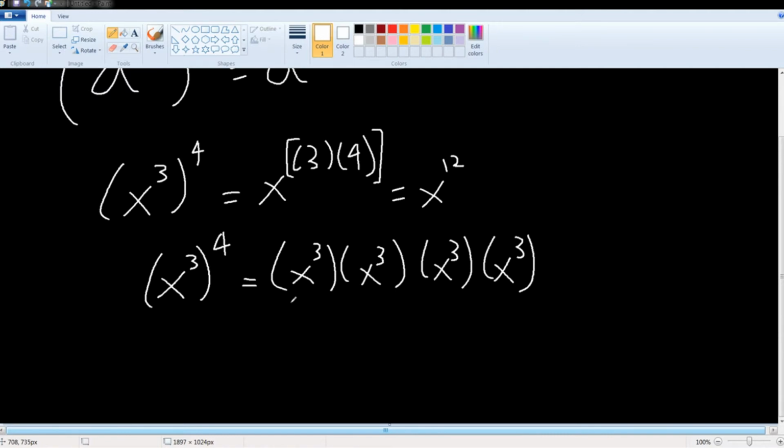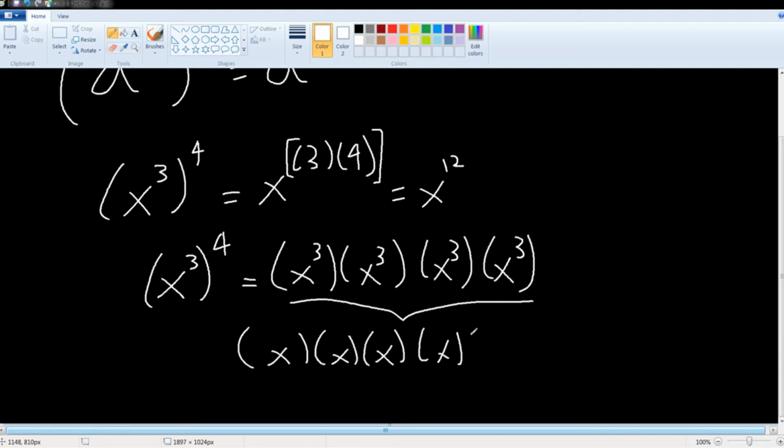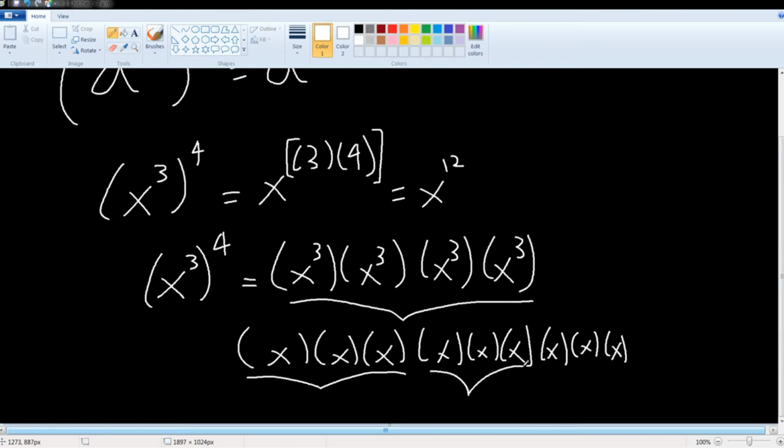So this kind of simplifies to, how many x's do we have? X cubed is just x times x times x, 3 x's. When we do this 4 times, so what do we get? This is 1, this is another x cubed, this is a third one, and then we have one more.